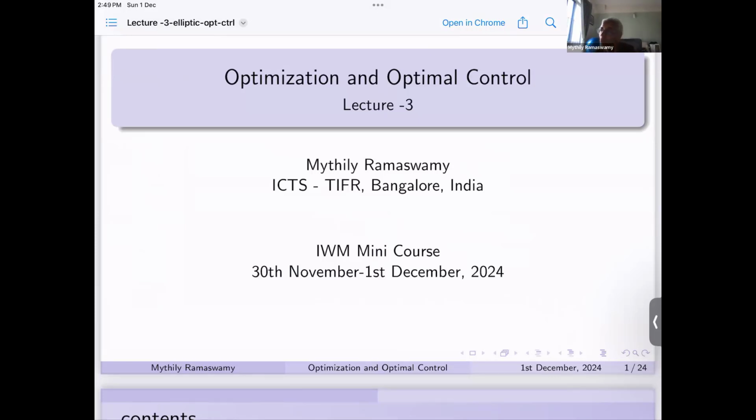So those of you who are not very comfortable with PDE concepts may find it a little technical, but what I wanted to say is it is the same kind of philosophy, like we started with one variable, several variables, and then infinite dimension, calculus of variations, optimal control. In all of them, we are finding some derivative and equating it to zero.